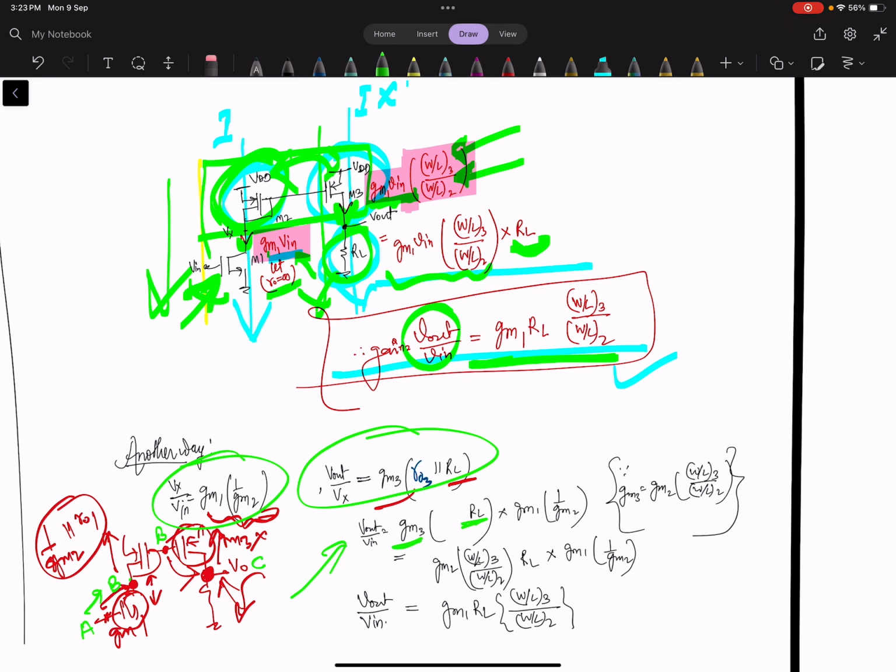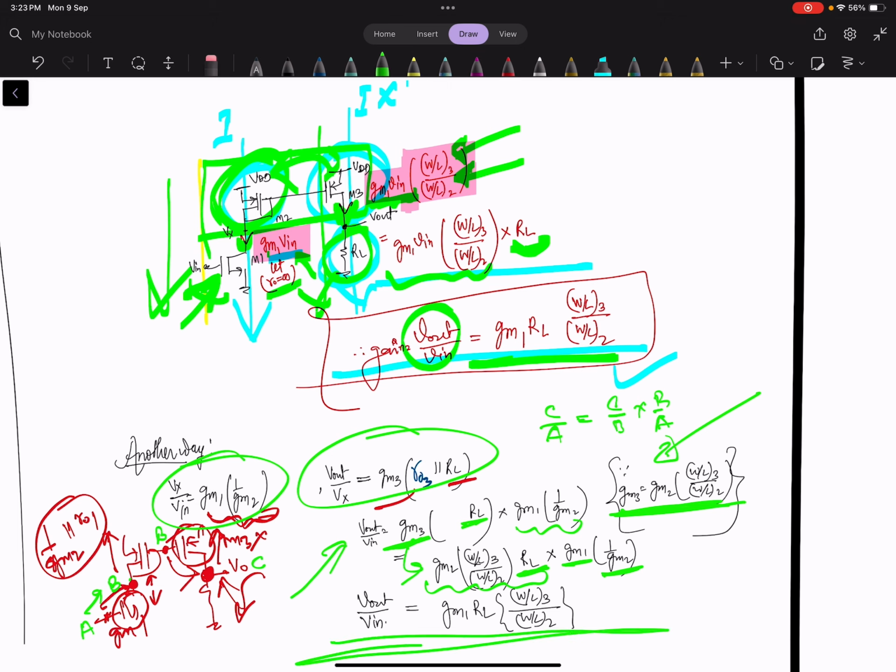Basically C by A is C by B times B by A. I mentioned above that gm3 is gm2 times the ratio of the aspect ratios. So gm3 is expressed in terms of gm2, multiplied by R2, and here gm1 divided by gm2. From this you will get the gain equation.